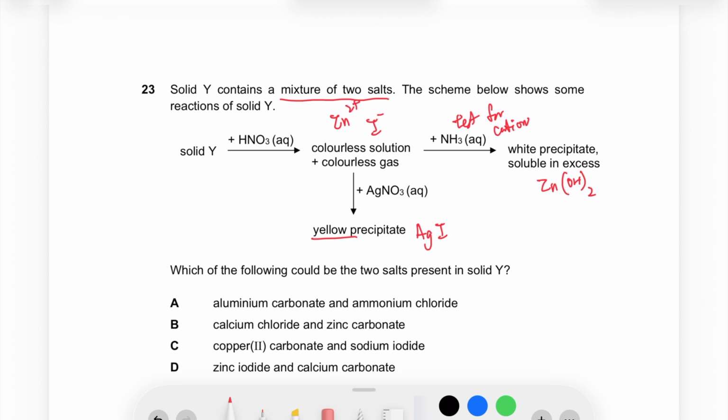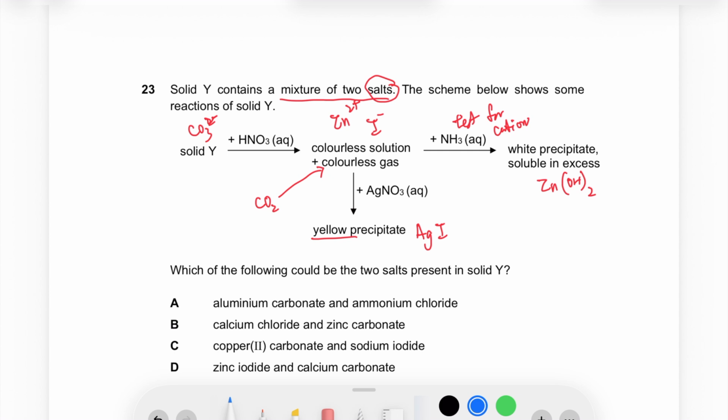And next, when you add acid to a solid, you get a gas. This gas can be either CO2 or hydrogen gas. But since they say it's a salt, most likely it's a CO2 gas. So that means there must be a carbonate. So let's backtrack.